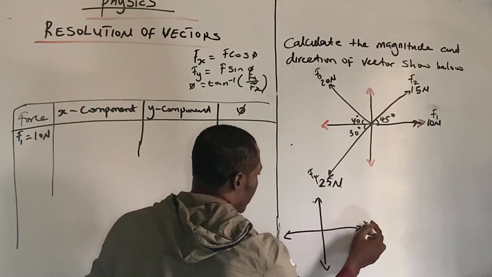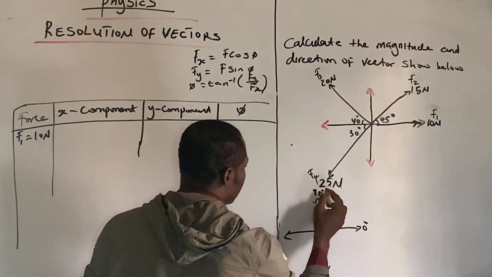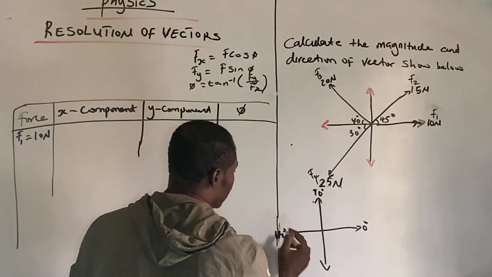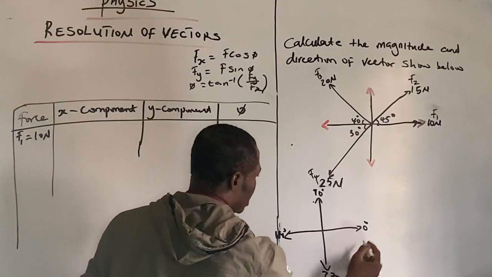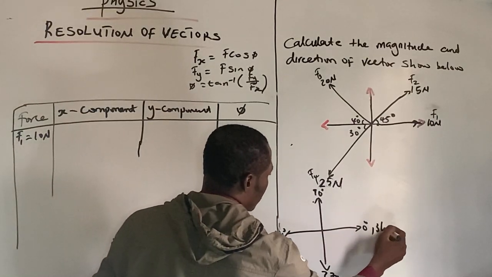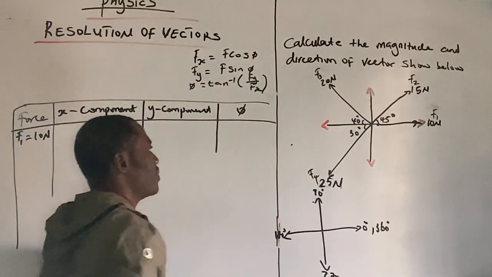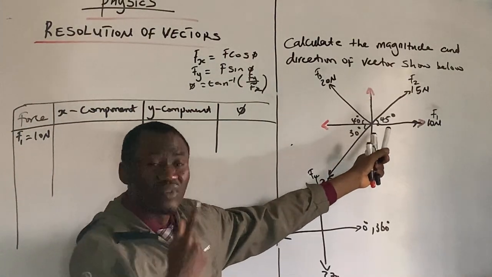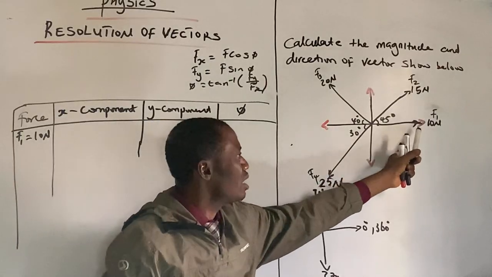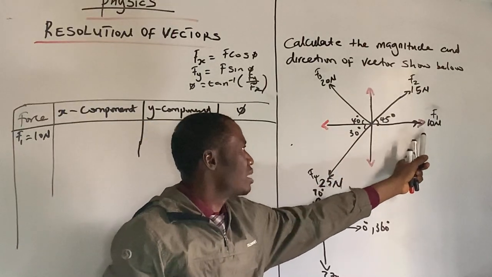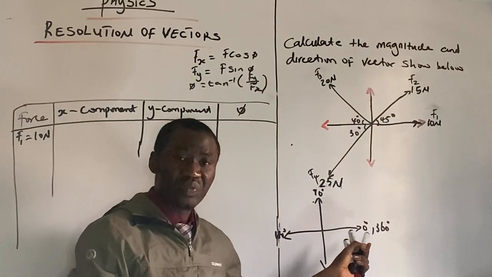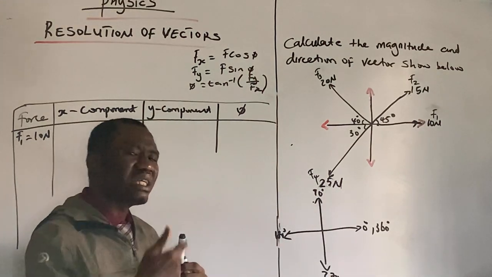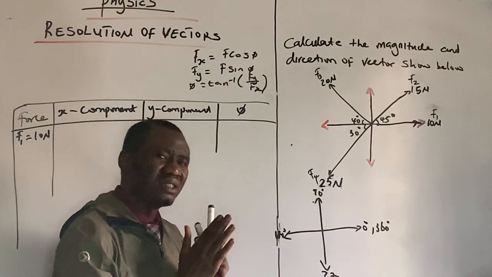This is 0 degree. This is 90 degree. This is 180 degree. This is 270 degree. And this is also 360 degree. Now, the first force is inclined at the horizontal x at about 0 degree. So the angle of inclination is 0 degree.